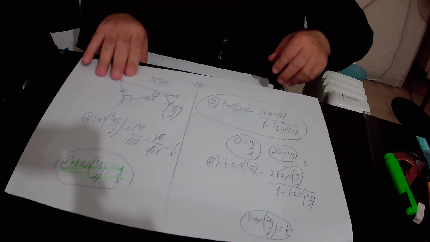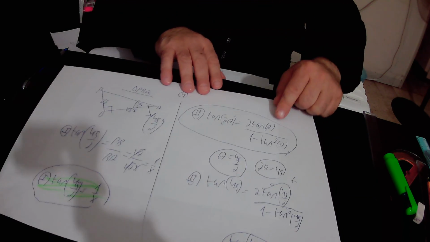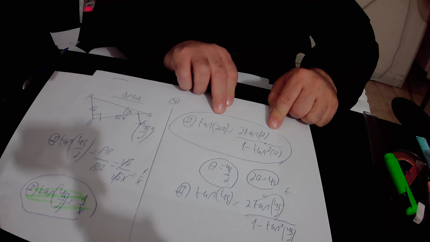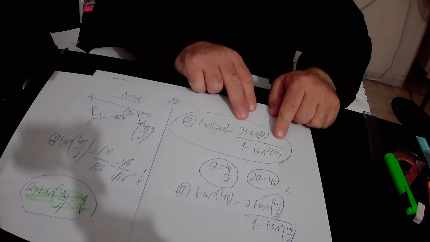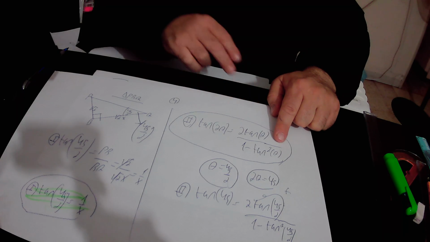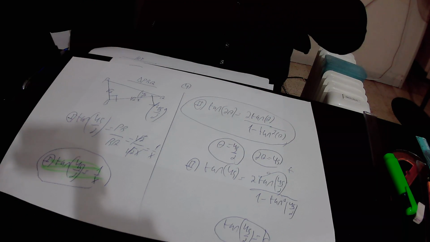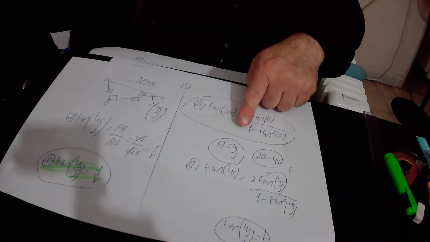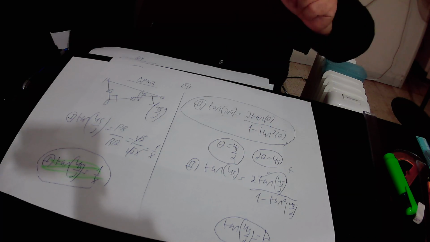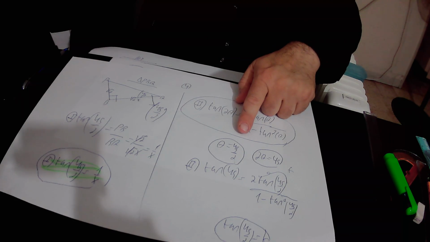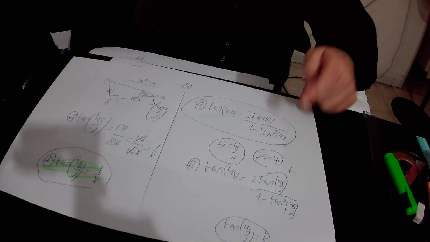While we have the trigonometric identity that tangent 2 theta equals 2 tangent theta over 1 minus tangent square theta. Then we substitute theta by 45 over 2 degrees. So if theta is 45 over 2 degrees, it means that 2 theta equals 45 degrees.